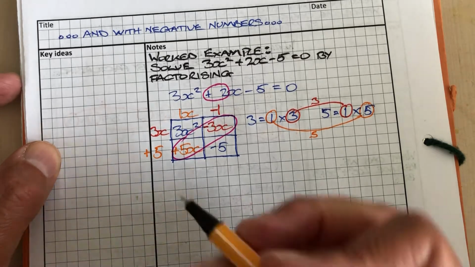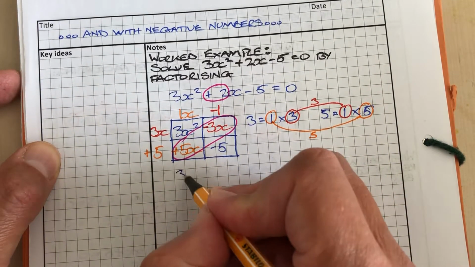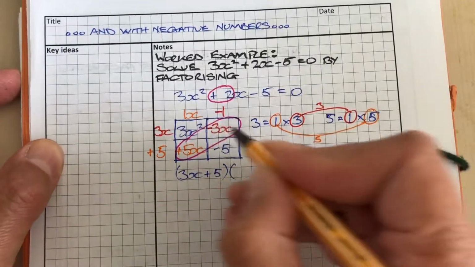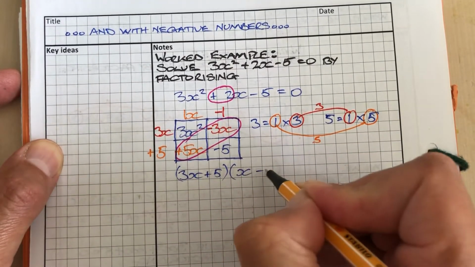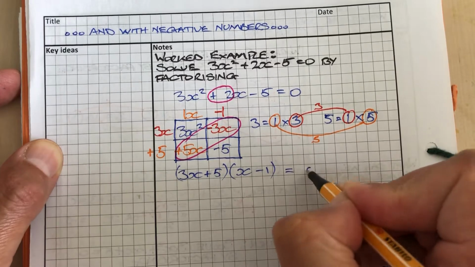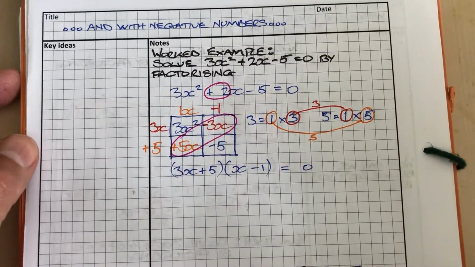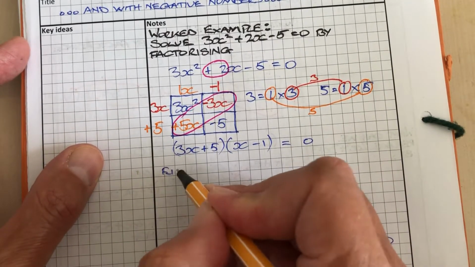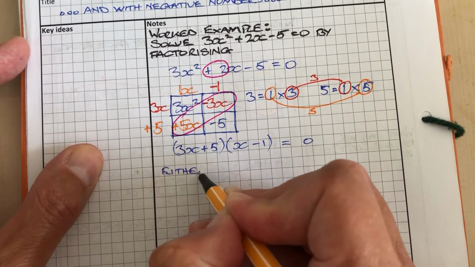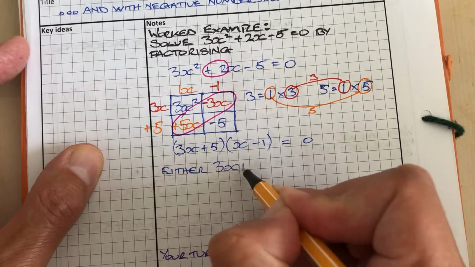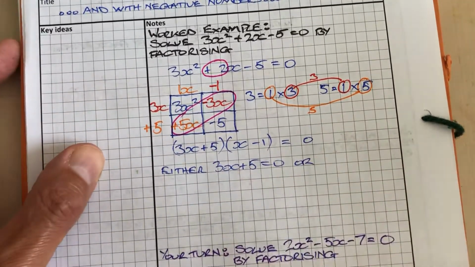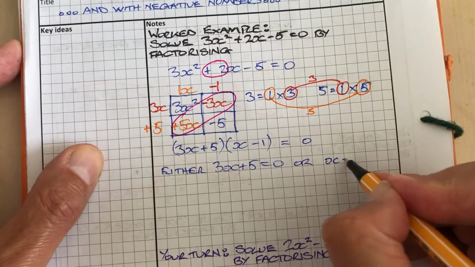So what have I got? Well, I do a bit of copying now. 3x add 5 times by 1x take away 1 is 0. Same as before. Either the first term is 0 or the second term is 0.